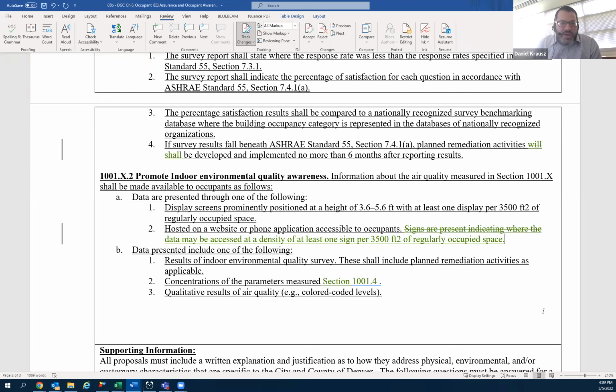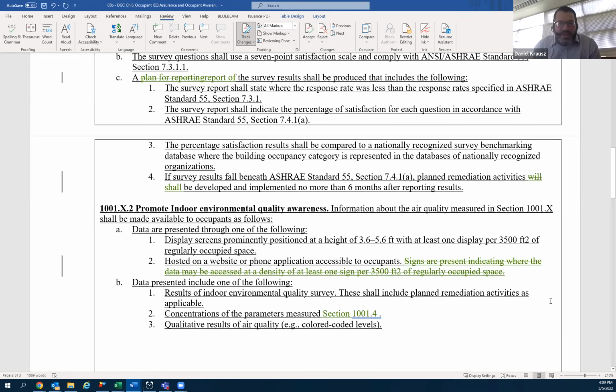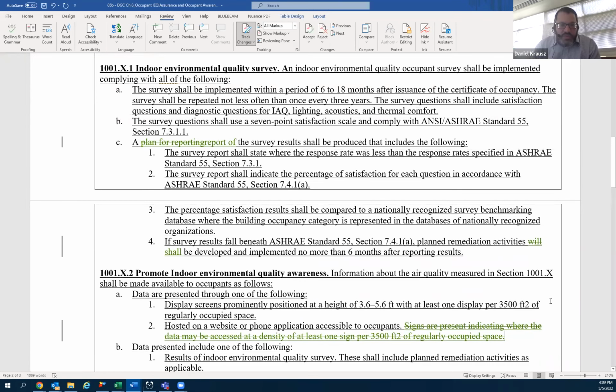I would also, I think we've done this before, to address the previous concern that the environmental quality awareness is not something that's as fitting to every building as much as maybe 1001.x.1 is with the survey. And I would also like to modify it so 1001.x.2 is a separate credit from 1001.x.1.